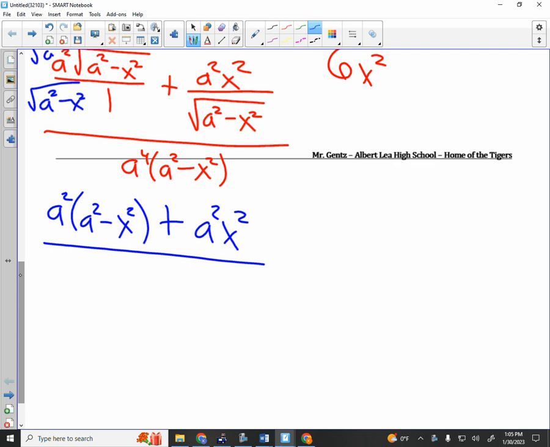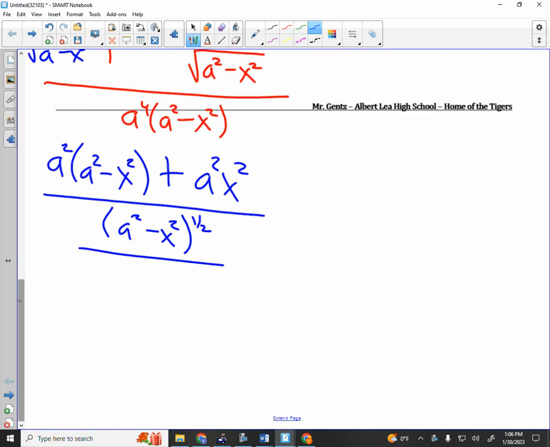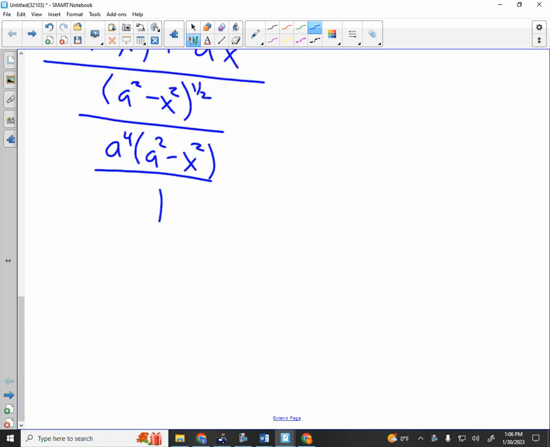Yep, and for purposes that we're going to see later on, I'm going to write it as a squared minus x squared raised to the 1/2 power. Over what? A to the fourth times a squared minus x squared, all over 1, right? We are close. You're almost there.